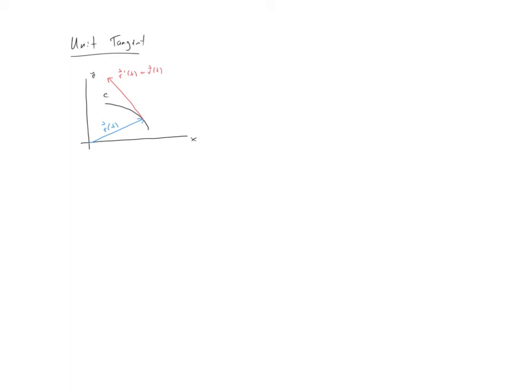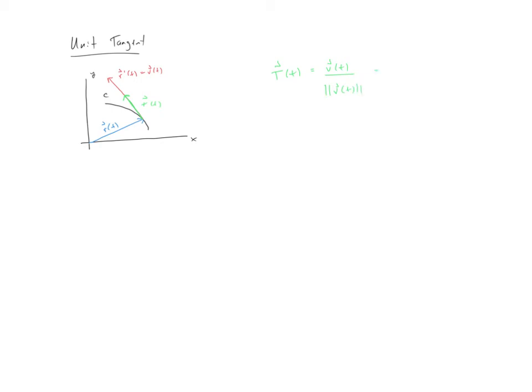So anyway, this is our tangent vector at this point, but it's not necessarily a unit vector. And so we want to make sure that the actual unit tangent is, in fact, a unit vector. So all we're going to need to do now is normalize r prime. So capital T of t will stand for our unit vector, and that's just going to be the velocity vector normalized.